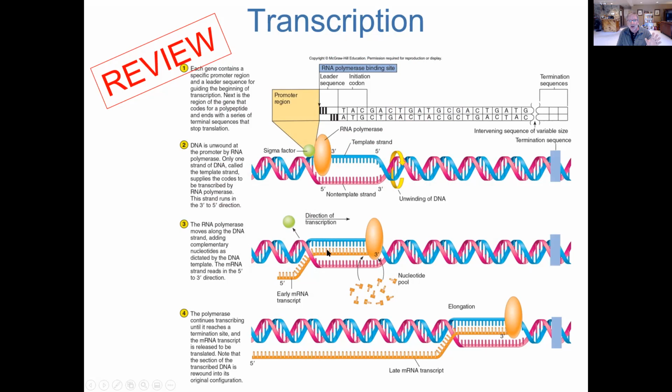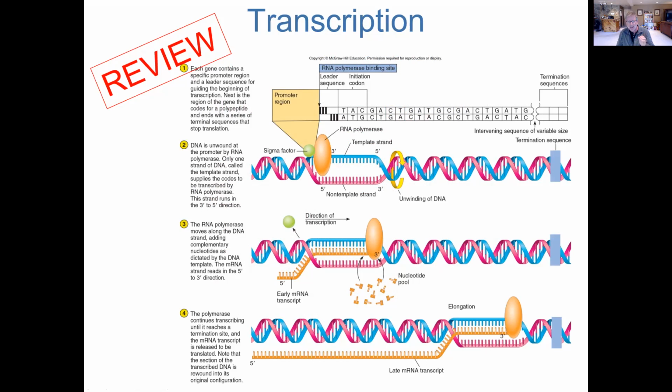If you said thymine, wrong, no thymine in RNA. In place of thymine, we're going to put uracil. Okay. So you have to remember that this temporary base pair complementary sequencing going on here involves the fact that we have no thymine in RNA.